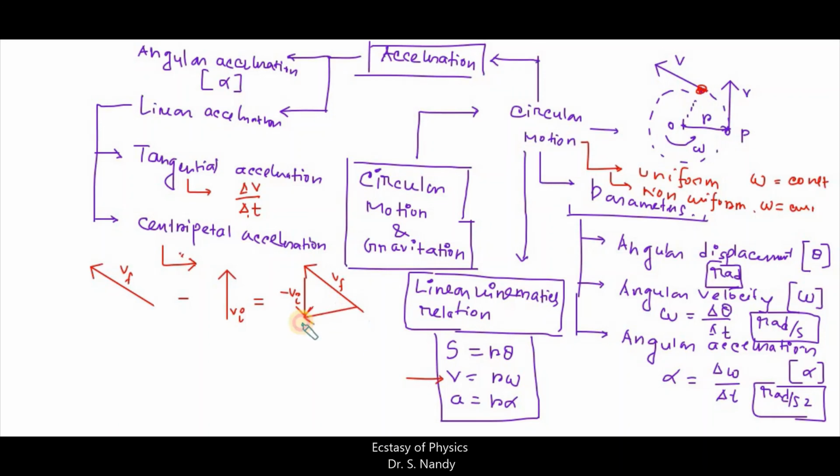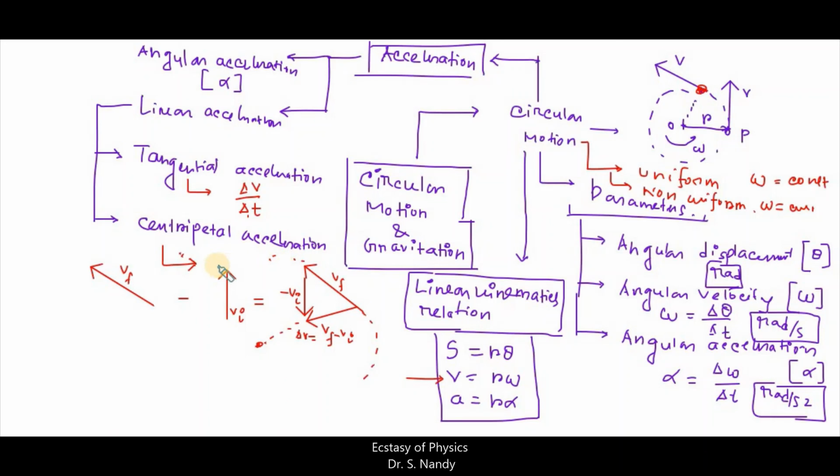Now if we take the resultant, that is represented as vf minus vi in vectorial form, and that represents the change in velocity. Look at the direction of this change in velocity: it will be towards the center of the circle, and from there we get the origination of centripetal acceleration.